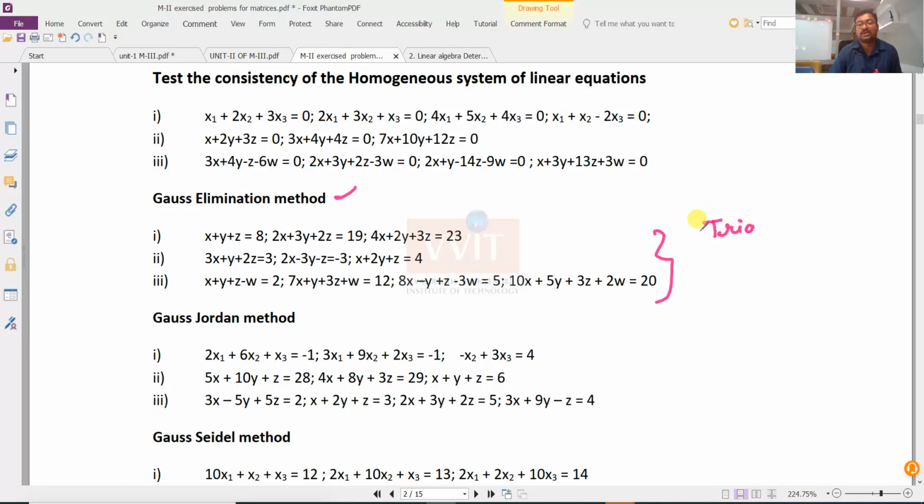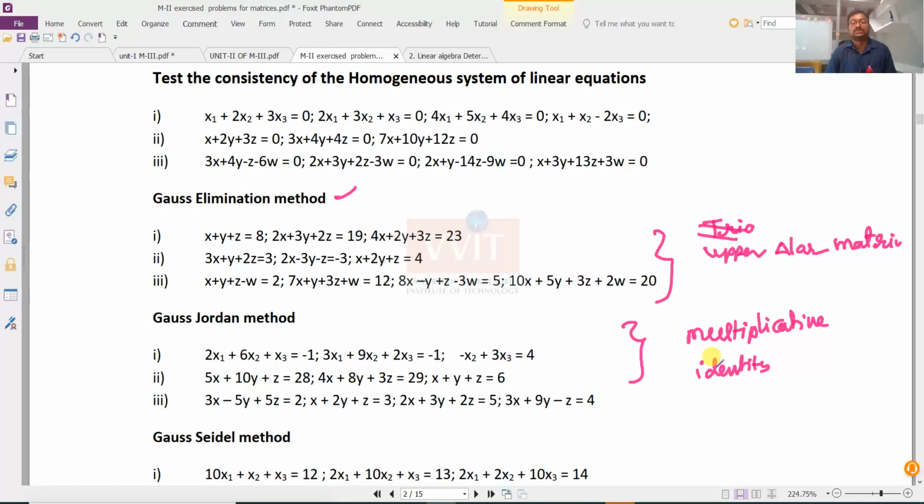Clearly speaking, an upper triangular matrix or echelon form. And in the Gauss-Jordan method, this is the multiplicative identity.